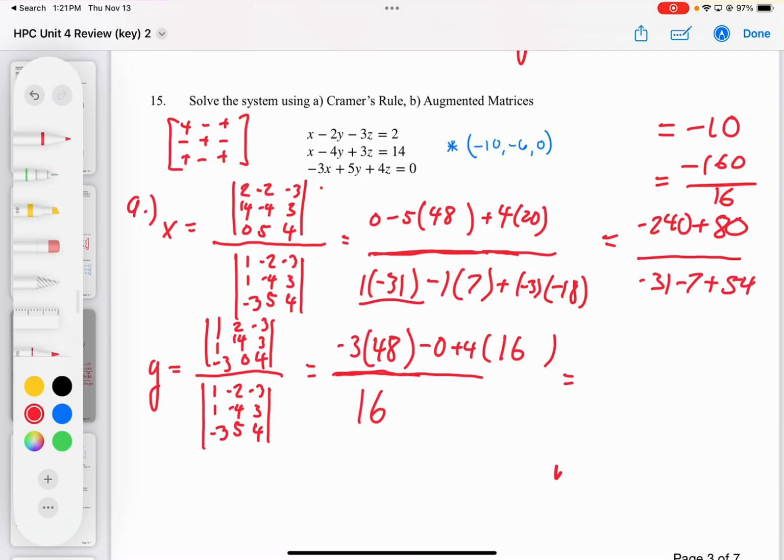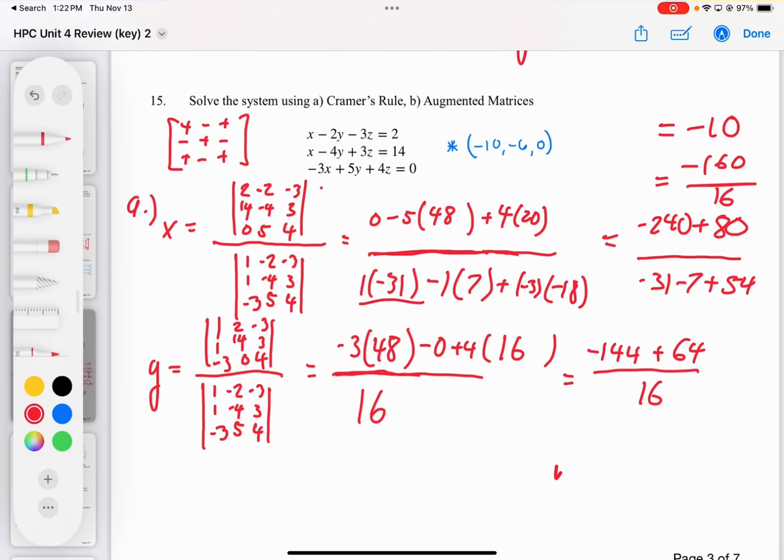All right, 3 times 48 is 150 minus 6, negative 144. Okay, so negative 144, and then plus 4 times 16, so 64.